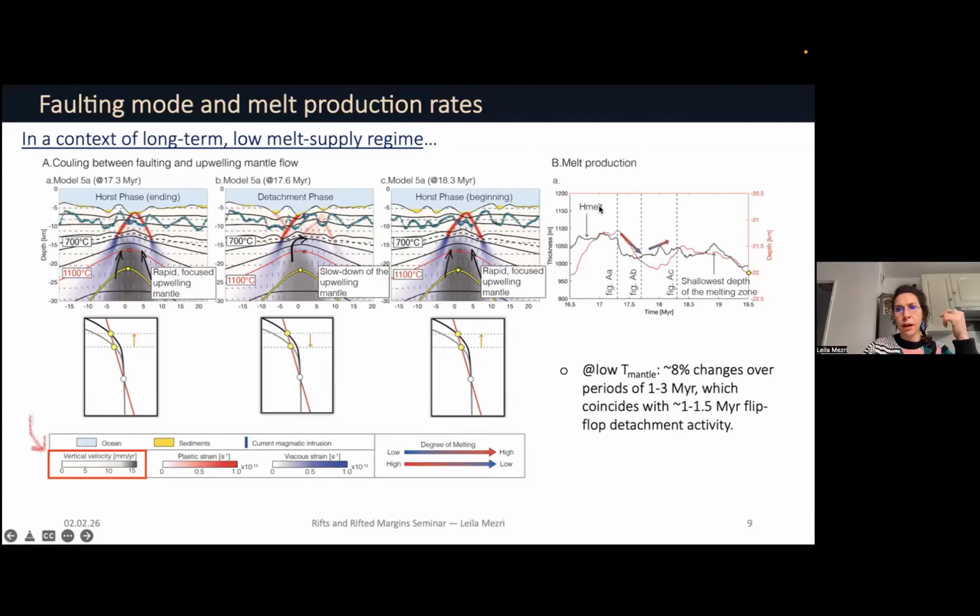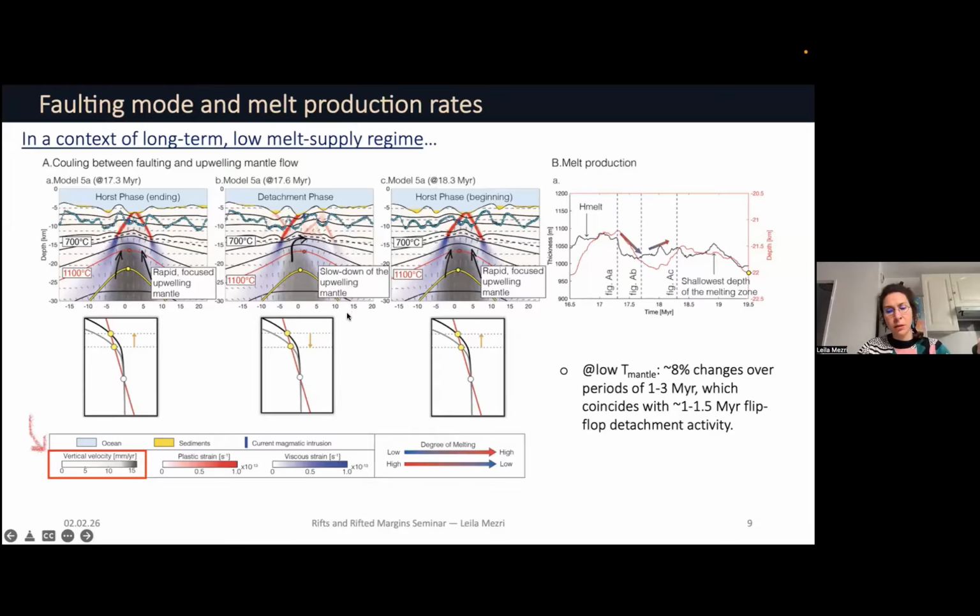We have a higher melt supply, a higher melt thickness. During the detachment phase, the asymmetric flow of the mantle will follow the detachment faulting, and the domain where the mantle is focused widens. This widening will lead to a decrease in the upwelling mantle velocity that then will lower the geotherm.